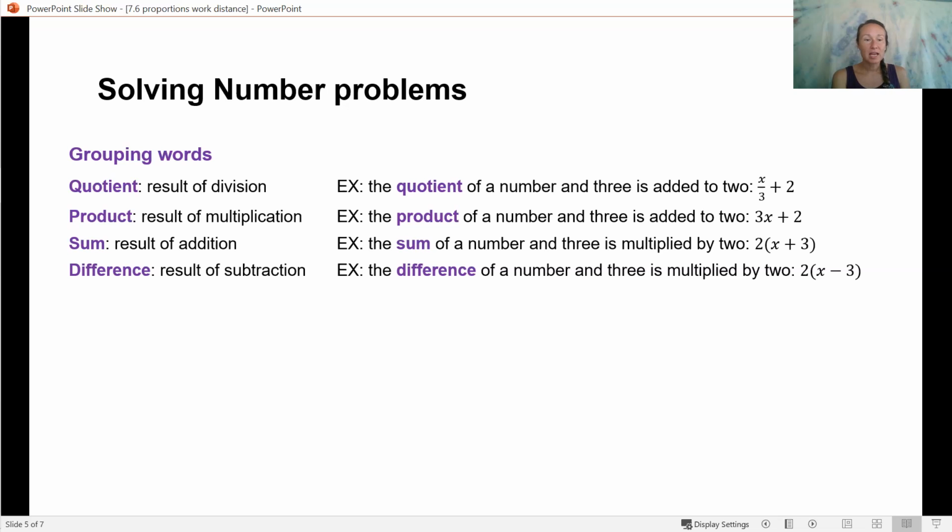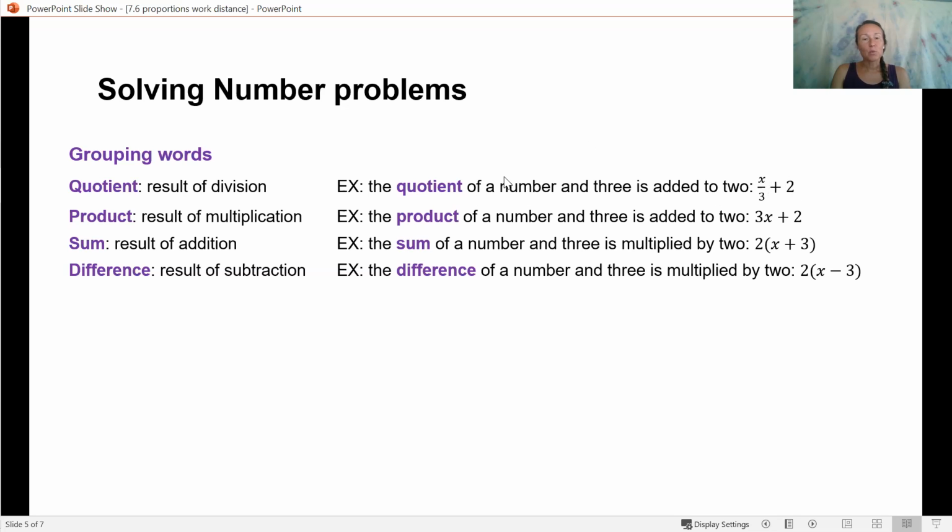Sometimes when you see these grouping words, it might be helpful to put parentheses around the two numbers that go inside the operation. Let's do a quick example of each. The first example: the quotient of a number and 3 is added to 2.